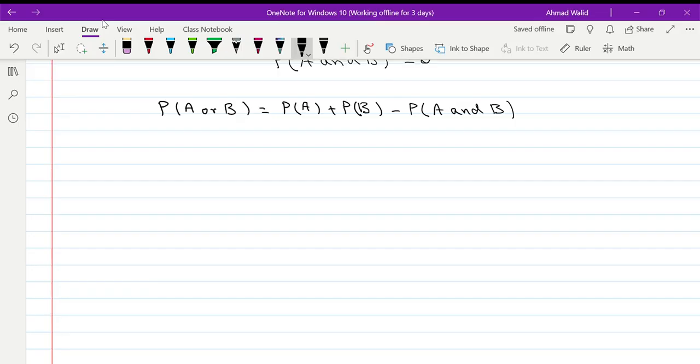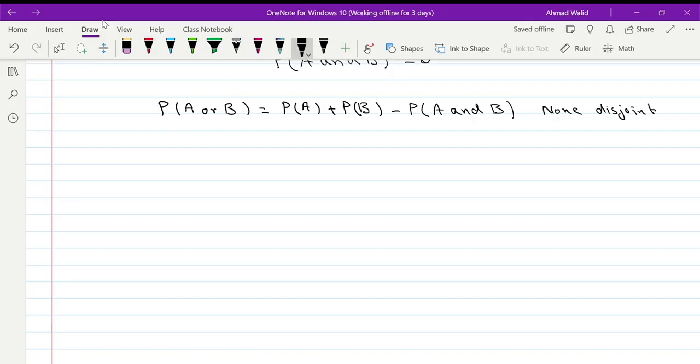This formula works very well if your event is not disjoint, or non-disjoint. You always have this.